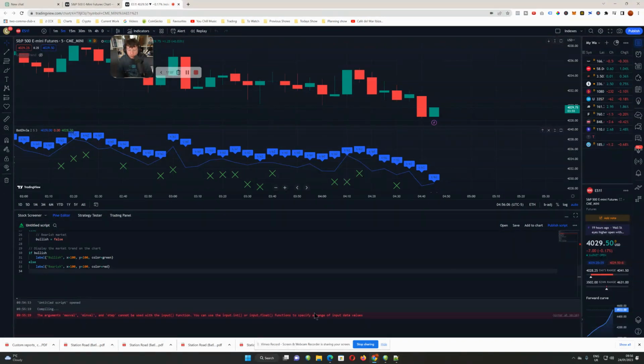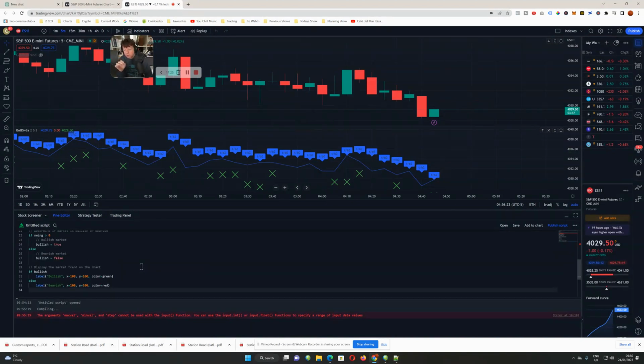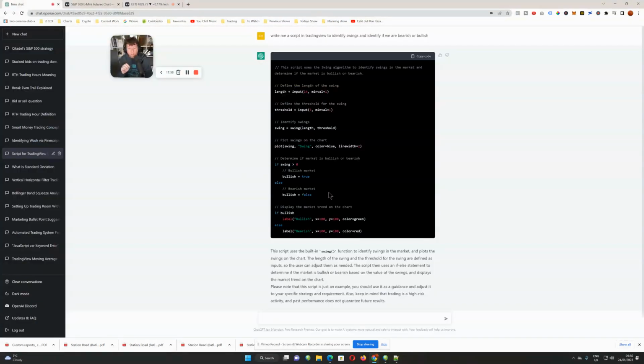It's beyond the scope of this video, and I'm going to do specific videos on how to write scripts in ChatGPT and then amend them to work perfectly in TradingView and in Sierra Charts. But you can see there's not a lot you need to change to get it working. I think it's just potentially old versions of functions that caused this. But moving on.